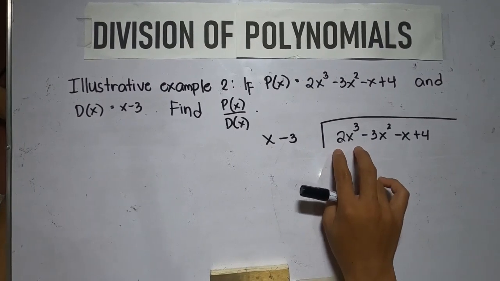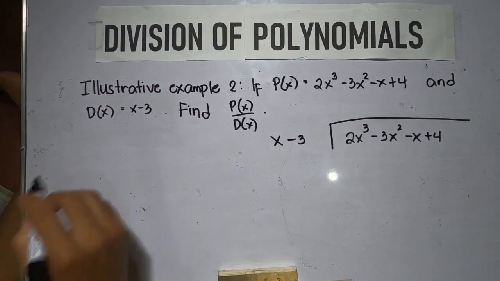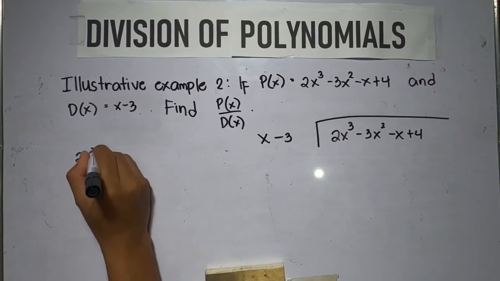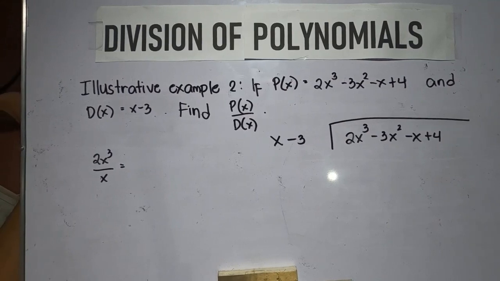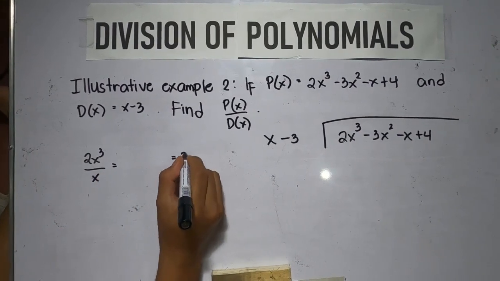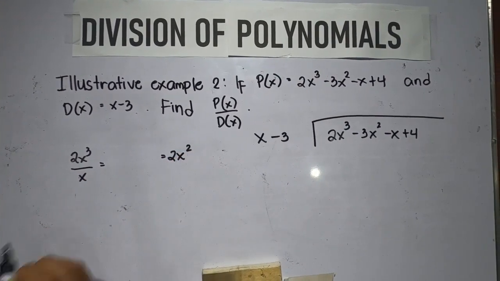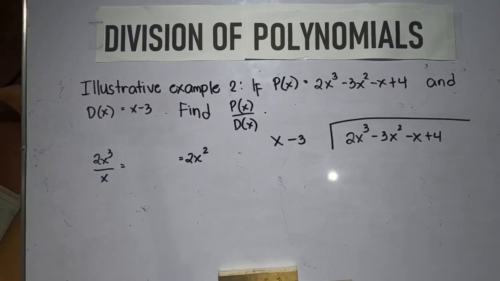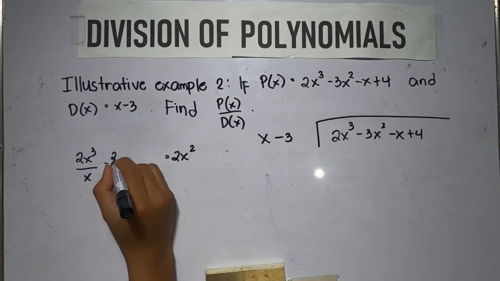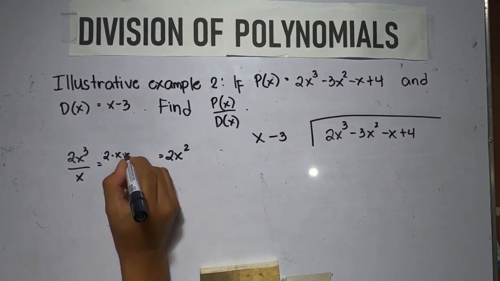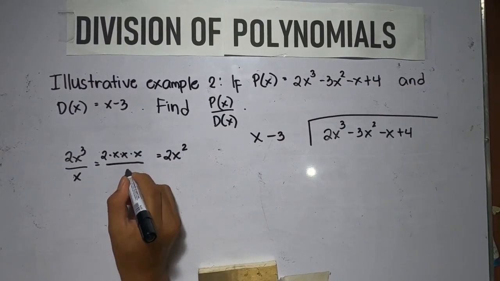So 2x cubed divided by x, what's the answer? That's just the same as 2x squared. By laws of exponents, this 2x cubed can be written as 2 times x times x times x divided by x.